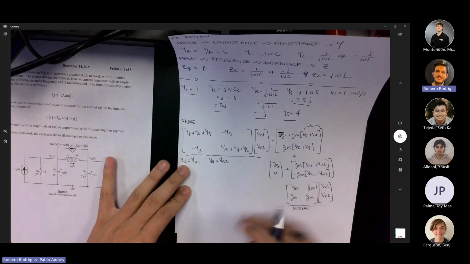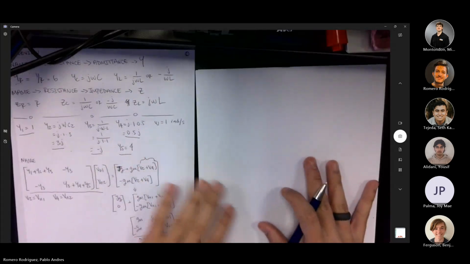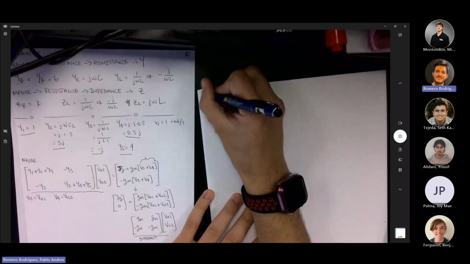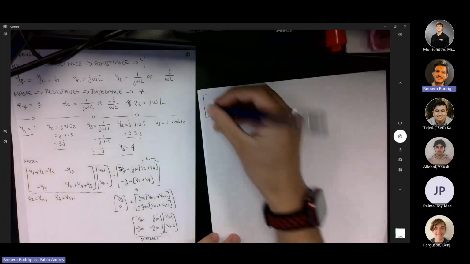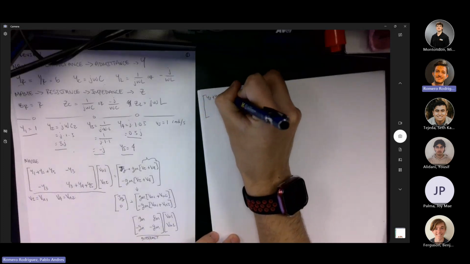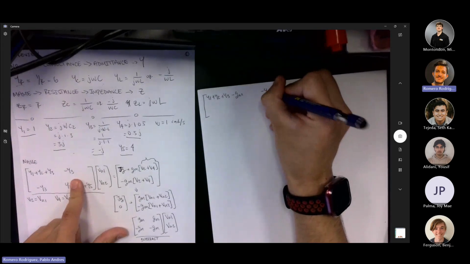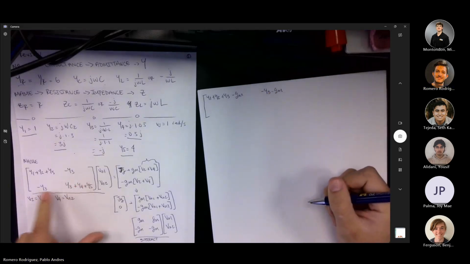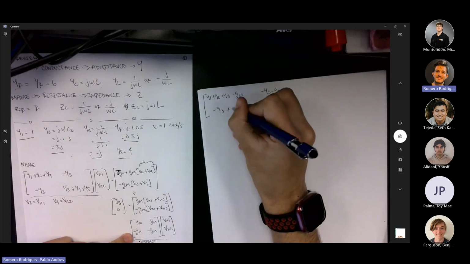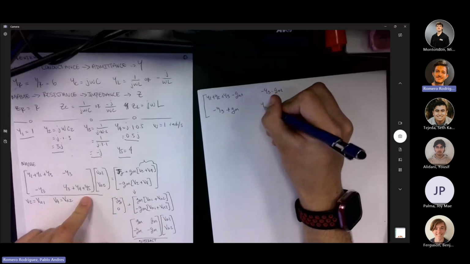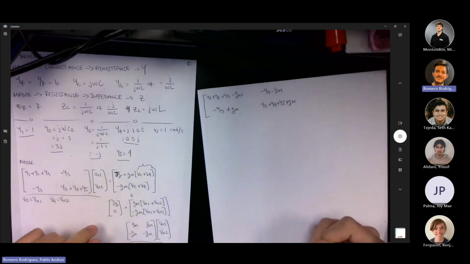After I'm done, this minus this is going to be Y1 plus Y2 plus Y3 minus GM, negative Y3 minus GM, negative Y3 minus GM, so that's a plus GM, and then Y3 plus Y4 plus Y5 plus GM for the last one.